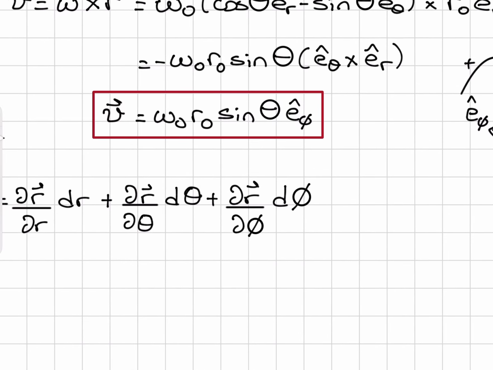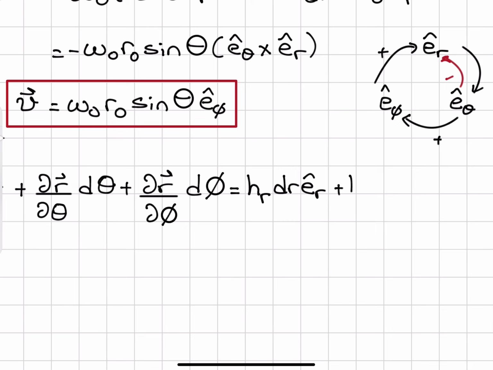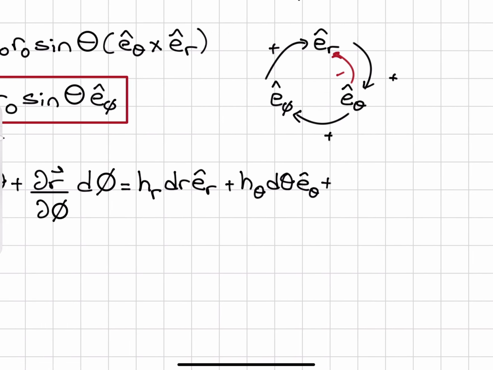And you can see that del r is the scale factor h sub r multiplied by Er hat. So I have h sub r dr Er hat plus h sub theta d theta E theta hat. And finally I have h sub phi d phi in E phi hat direction.